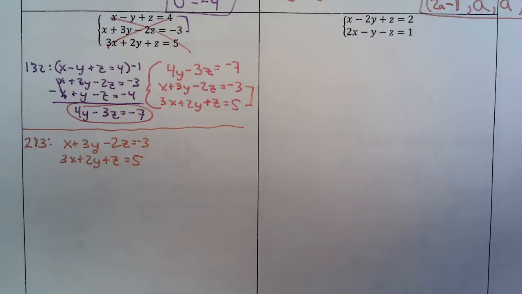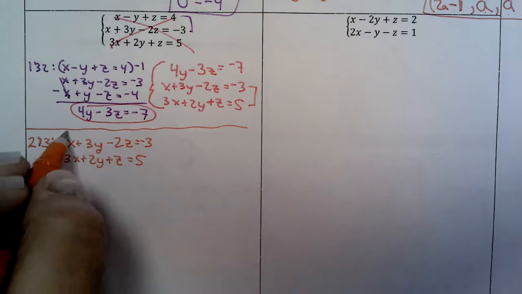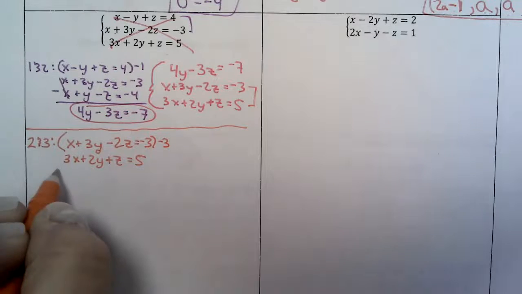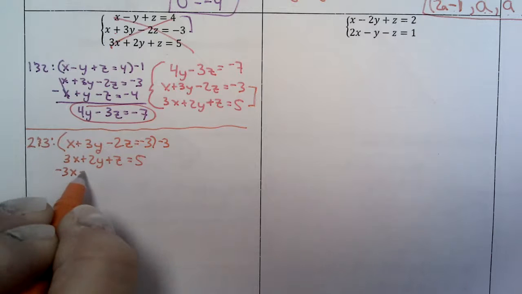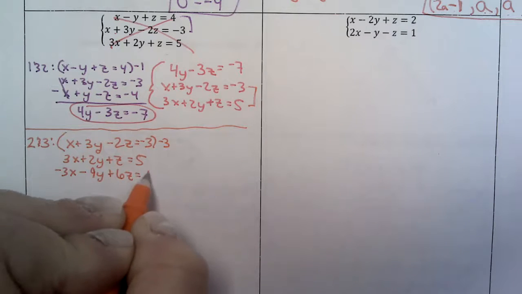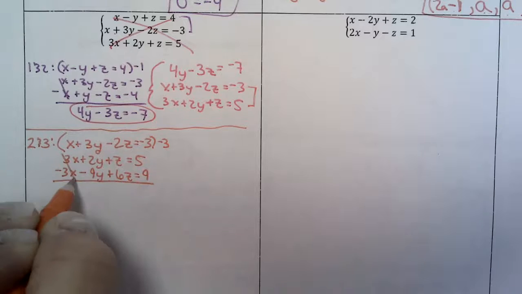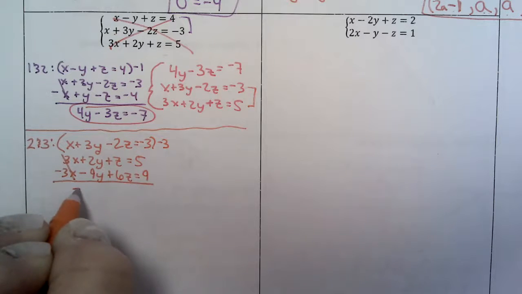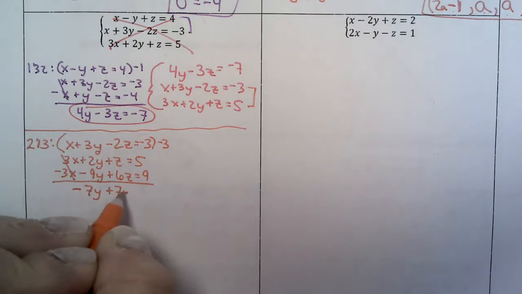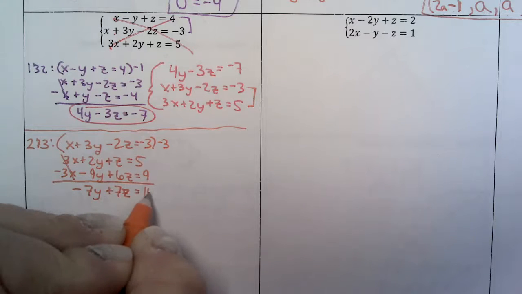And in this case, I think I will get rid of the x again, just because it looks pretty easy. So I'm going to multiply this by -3. So I get -3x minus 9y plus 6z equals 9. So that's going to go away, and I'm left with -7y plus 7z equals 14.